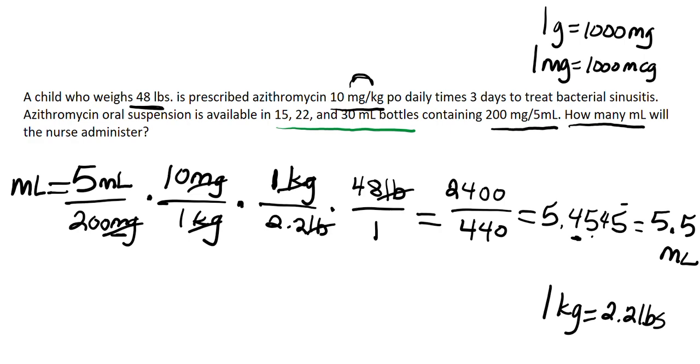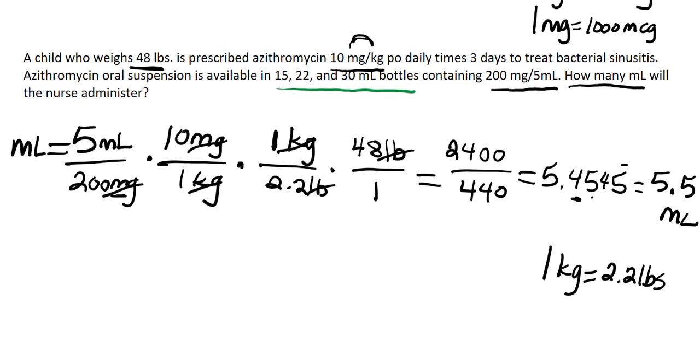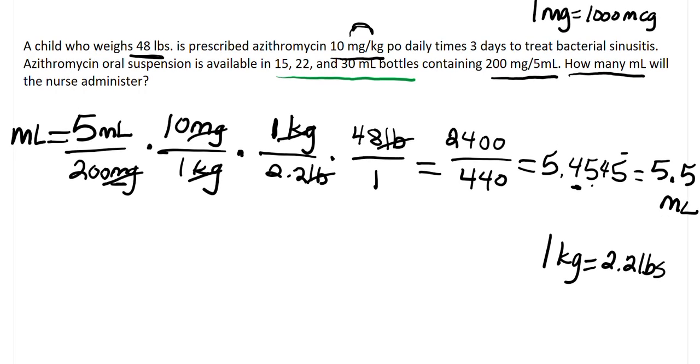5.5 milliliters. Now, you can plug in your pounds. If you want to say, you know what, I don't want to deal with plugging in that conversion, I'll just figure out what my dose is for my child who weighs 48 pounds. It's 10 milligram per kilogram. You can still do that too.